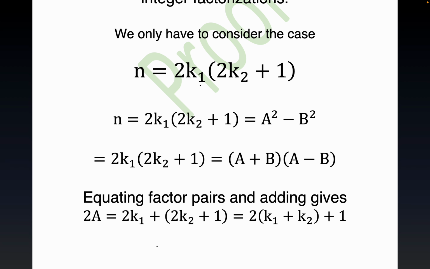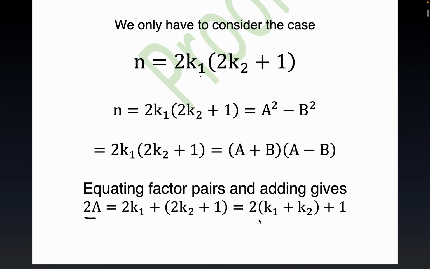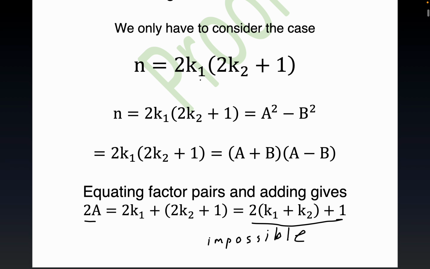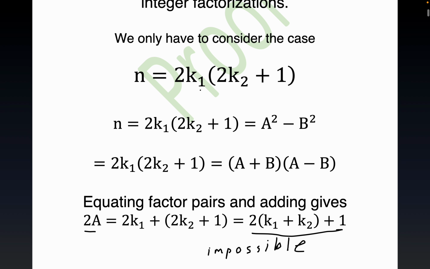And so what we have right here is a manifest even number. But now all of a sudden it's equal to an odd number, so this is certainly impossible. And that means that any number that's this way cannot be written as the difference of two squares.